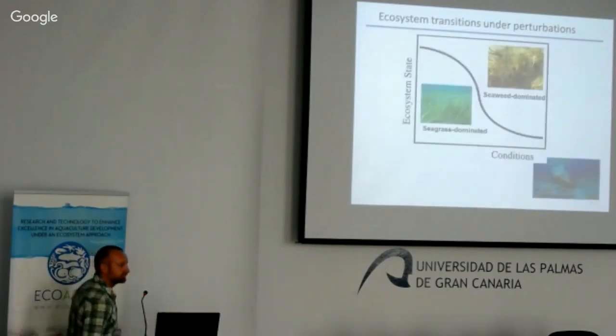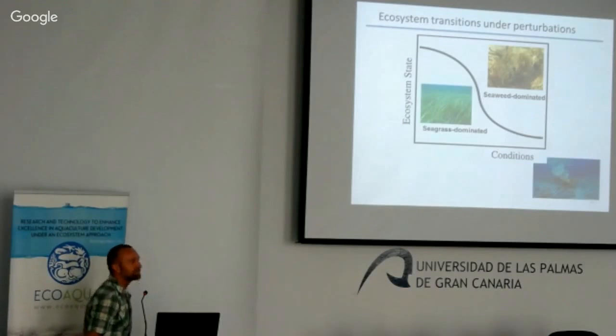So I've been talking about ecosystem functions, ecosystem services, and ways that we can estimate the value of these ecosystem services. Now some of the other things that I would like to get across is the idea that some of these ecosystem functions and services can be eroded, can be decreased.